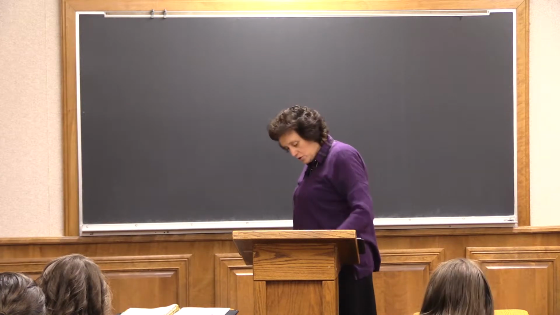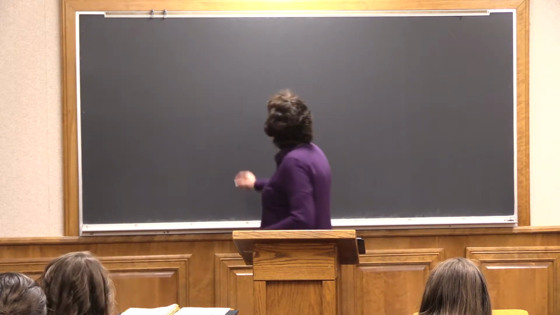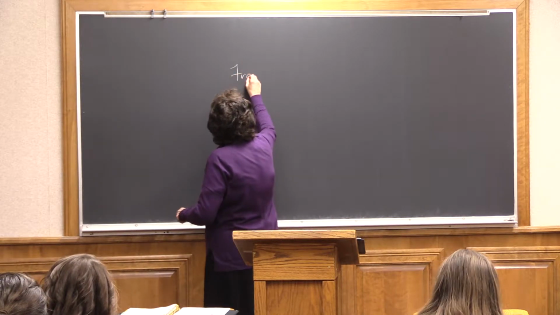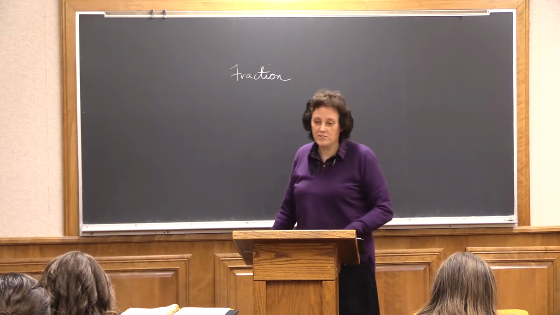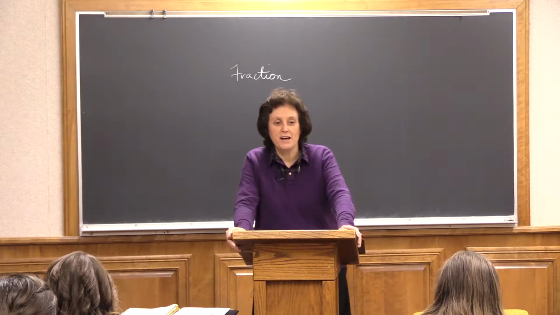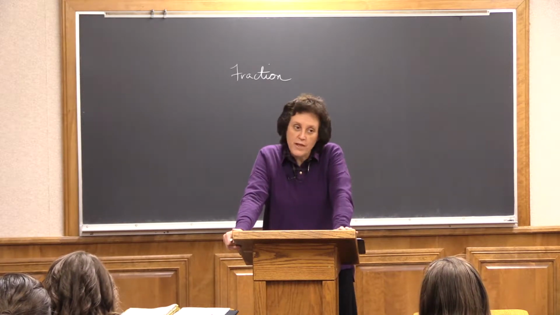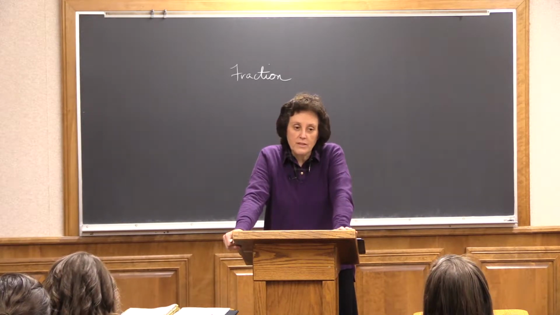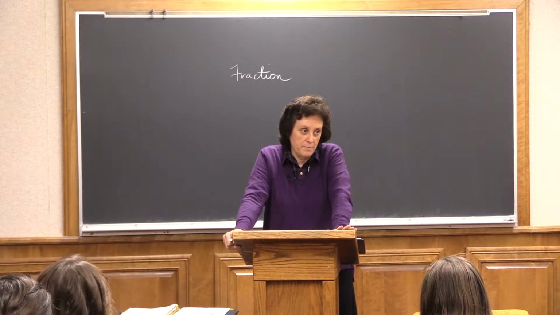So before we even begin with this, I want to show you the fact that when we're doing U.S. customary, we are going to be doing fraction math. I heard a couple of you say you've already done the homework, but make sure that you used fraction math. So that means that any remainders are going to be in fraction form.